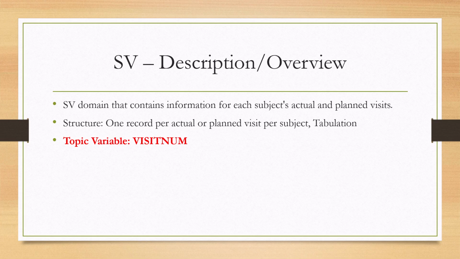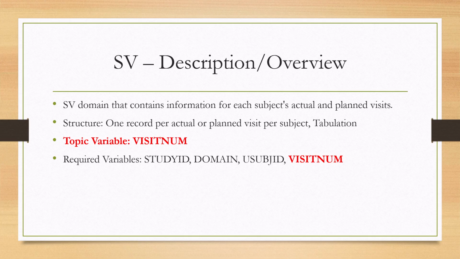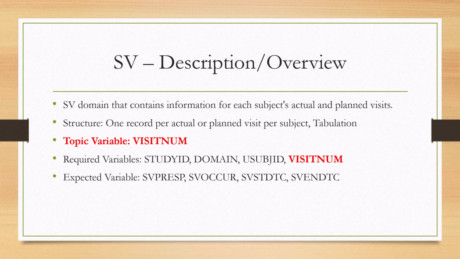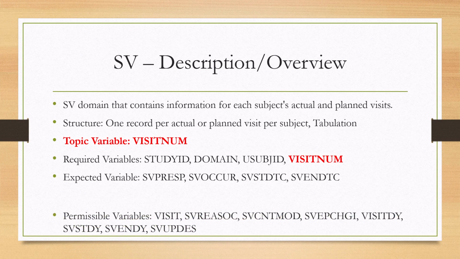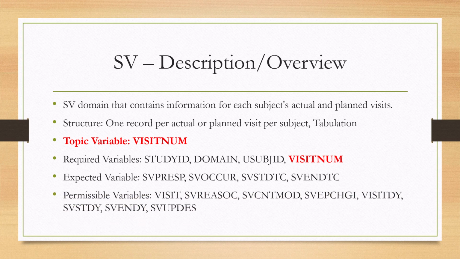The topic variable is VISITNUM. The required variables are STUDYID, DOMAIN, USUBJID, VISITNUM. The expected variables are SVPRESP, SVOCCUR, SVSTDTC, SVENDTC. The permissible variables are VISIT, SVREASOC, which is the reason for occur value.